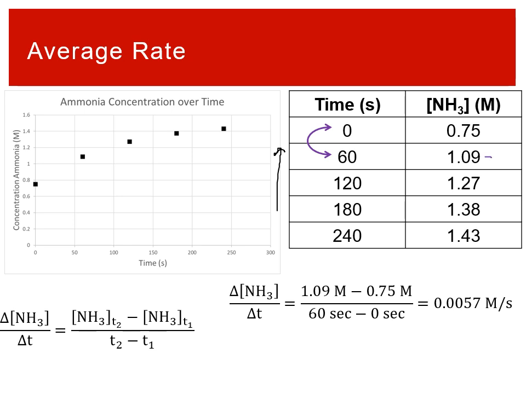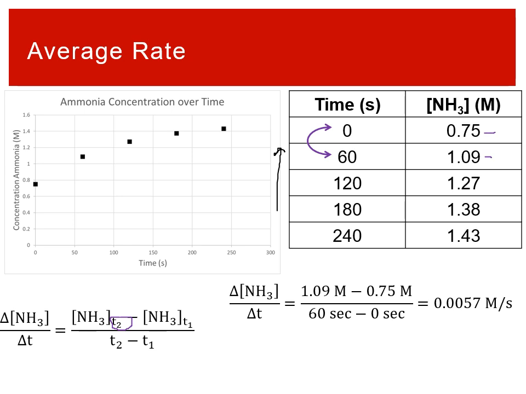It's not necessarily that t2 that's right there, it just indicates what time it is that you're specifying the concentration at. The concentration at time 2, which is the 60-second time point, is 1.09, and then at the time 1 time point, it is 0.75.